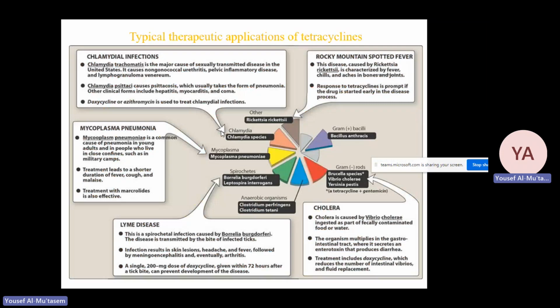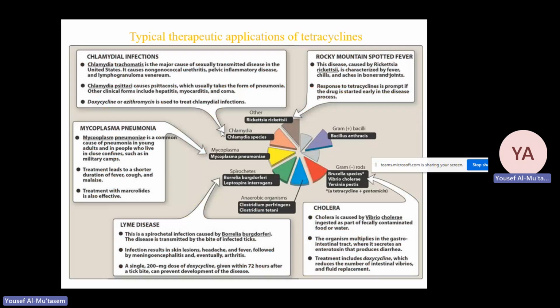Chlamydial infection can be treated with tetracyclines, with macrolides, and also with ceftriaxone, which is a third generation cephalosporin. For Rocky Mountain fever, which is the one on the right, tetracyclines are usually the drugs of choice. They have distinctive activity against Mycoplasma pneumoniae bacteria.